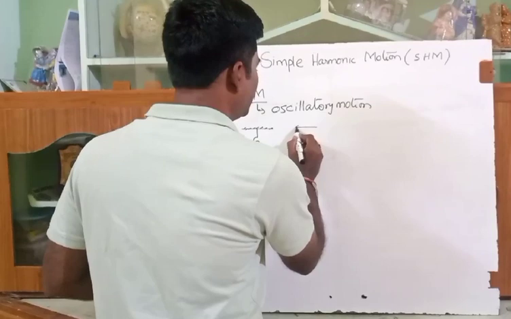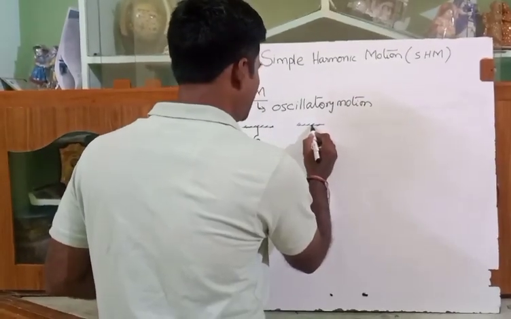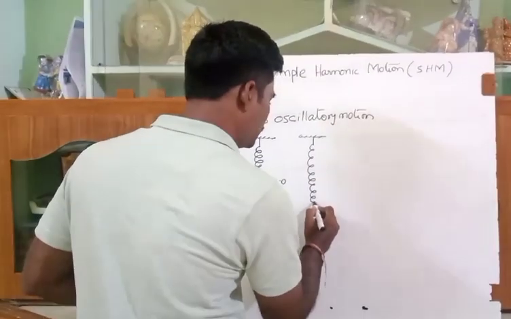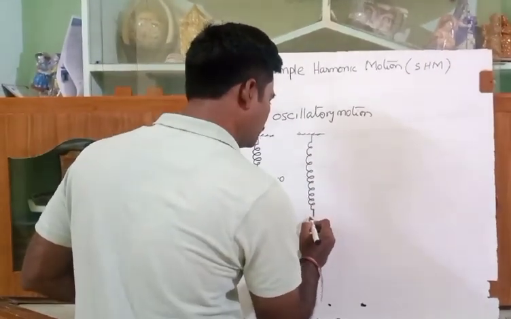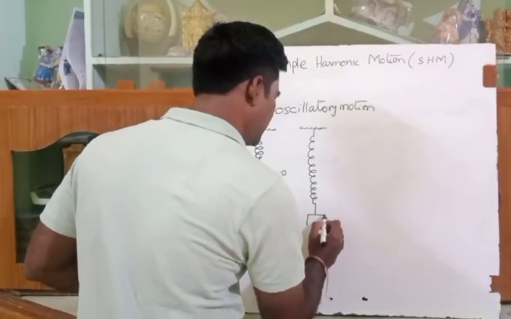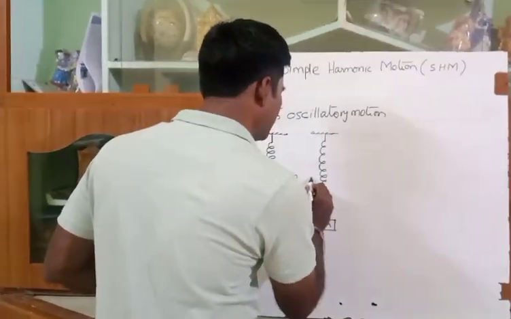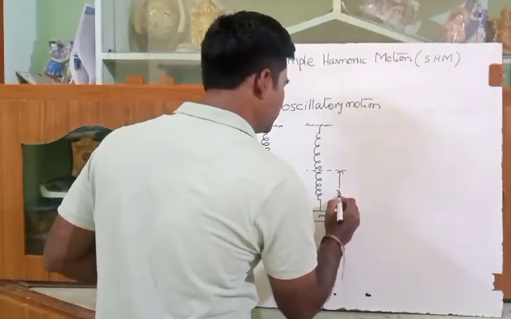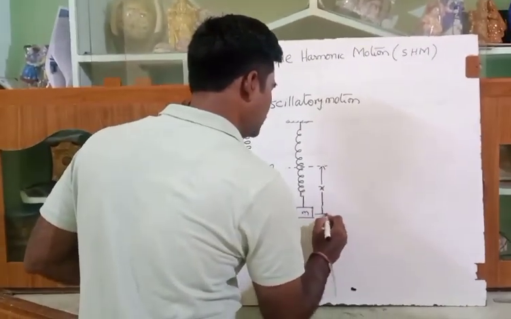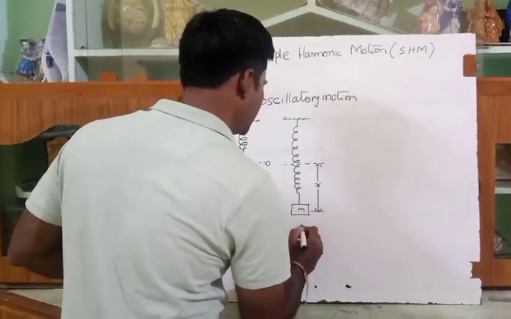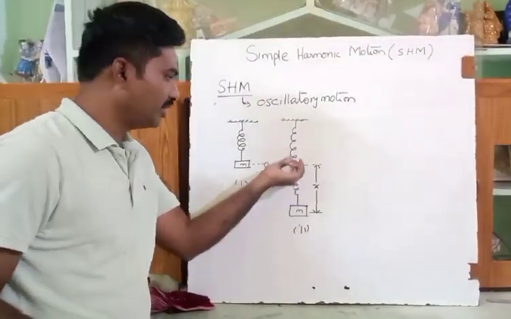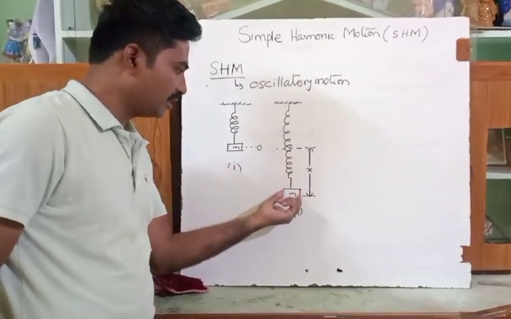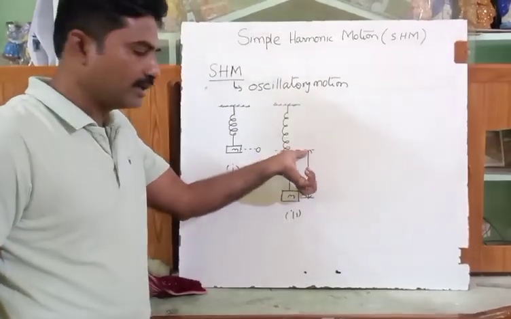Now, when this mass is pulled to a distance x from its mean position, this was the second case. We are pulling the mass from mean position to a new position of a distance x.